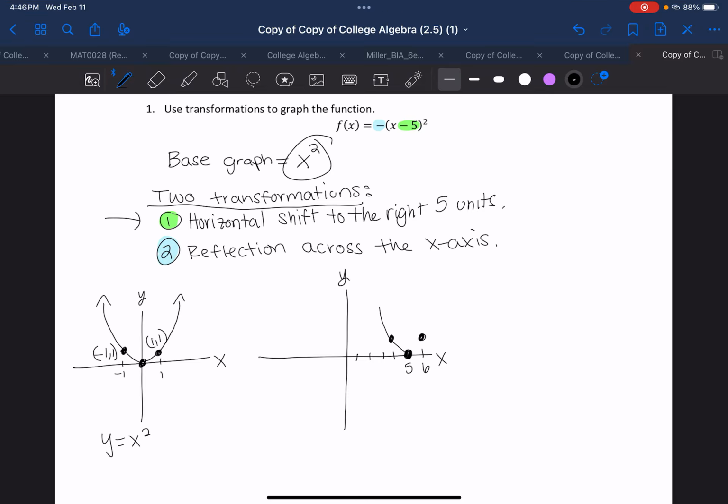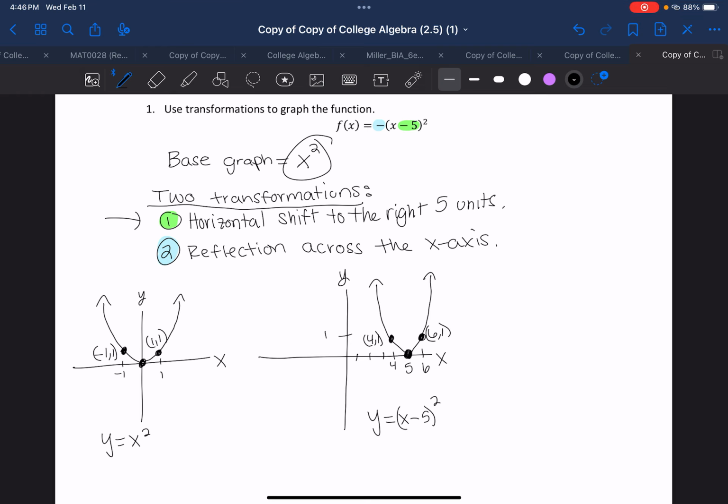So this is what it looks like when I just shift my graph to the right 5 units. So this would be y equals (x minus 5) all squared.